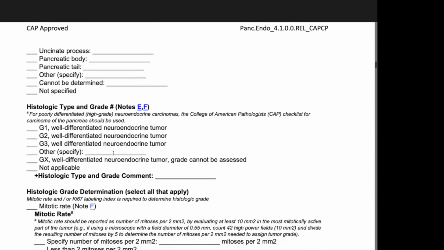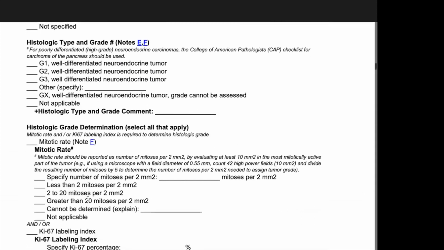And then this is where it differs from pancreatic adenocarcinomas. So a G1 is defined as a well-differentiated neuroendocrine tumor, and it has a mitotic rate of less than 2 mitoses per 2 millimeters squared. Mitosis is when the cell divides, and we can see that on our H&E slides, and we basically count a 2 millimeter squared field, and we count how many mitoses there are.